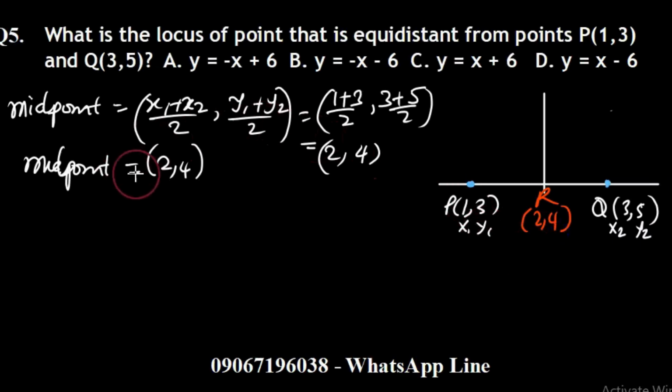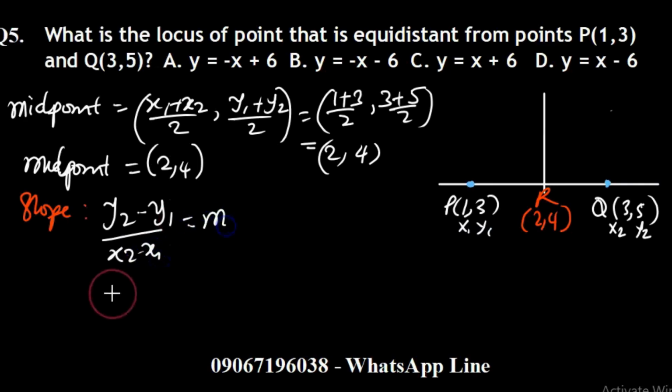We need to move ahead to find the slope of this point. Now, the slope of this equation is y2 minus y1 over x2 minus x1, which is equal to slope m.